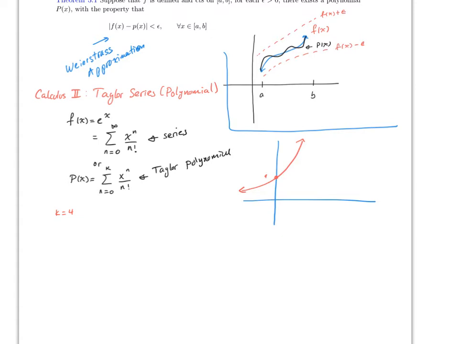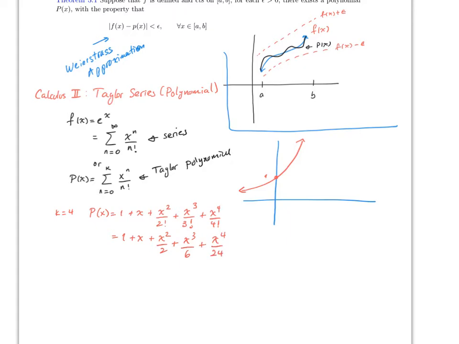So if that's the case, then we expand this, and the polynomial is going to be 1 plus x plus x squared over 2 factorial plus x cubed over 3 factorial plus x to the 4 over 4 factorial, which is equal to 1 plus x plus x squared over 2 plus x cubed over 6 plus x to the 4 over 24.